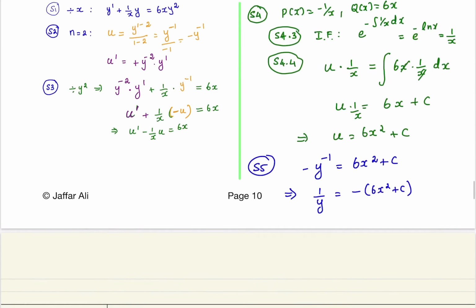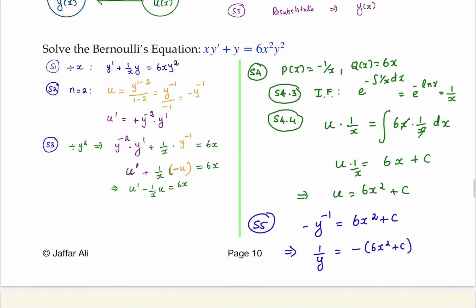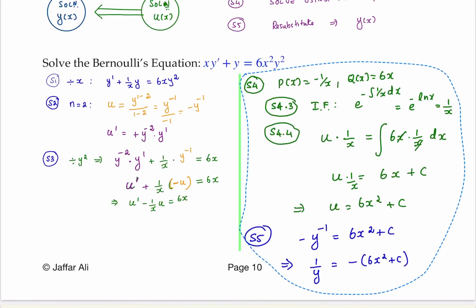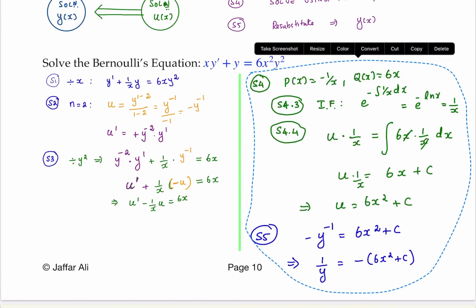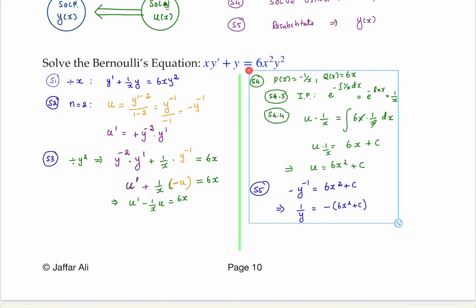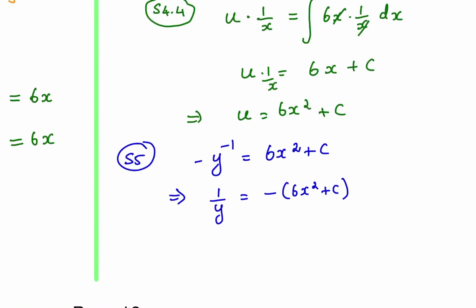And if I solve for y and simplify that, what I'm going to have is y is equal to negative 1 over 6x squared plus c, right?